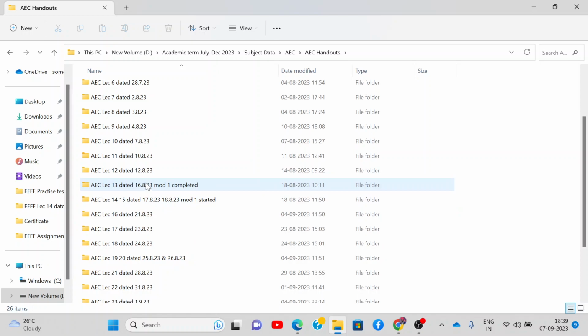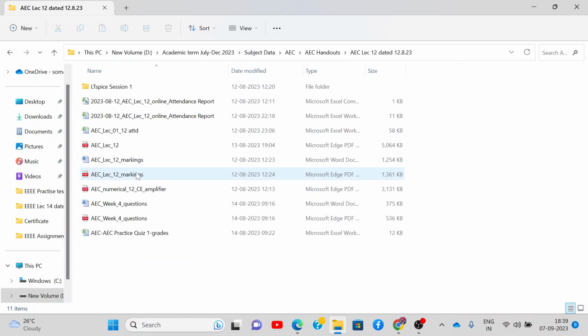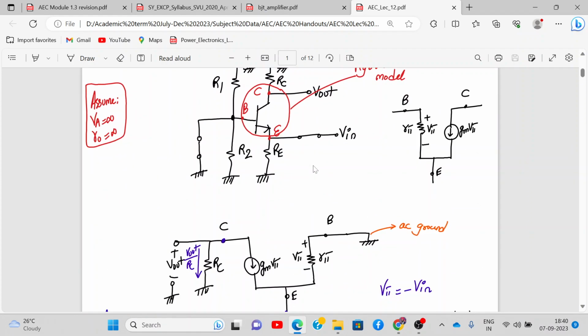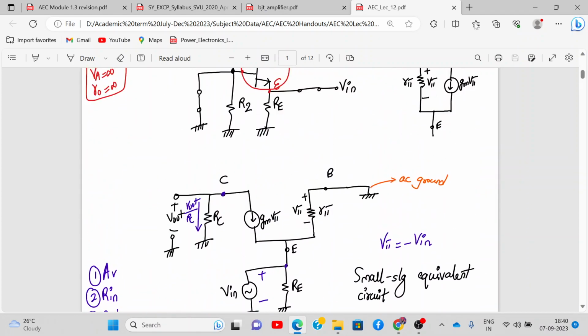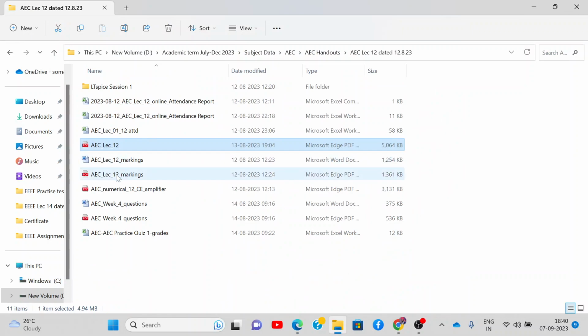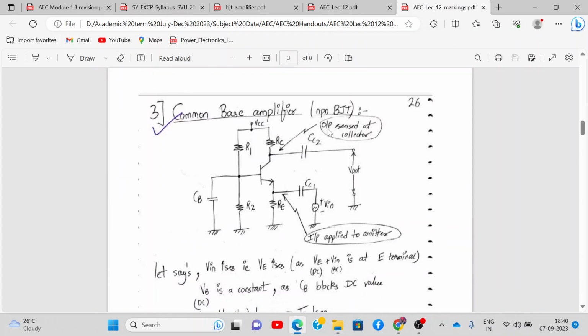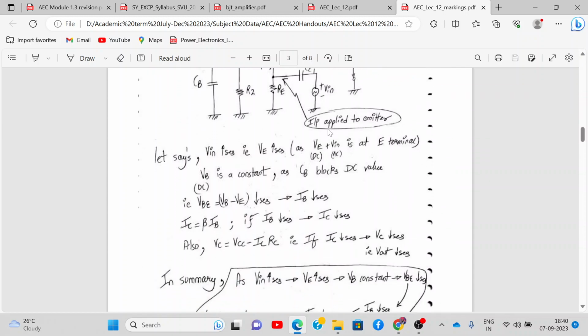Now let's briefly see those derivations. Lecture number 12. Okay, this is the common base amplifier. I'll only show you the equivalent circuit. I'll not explain it. You try it out on your own.